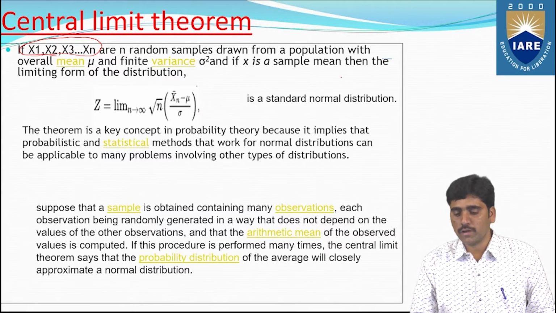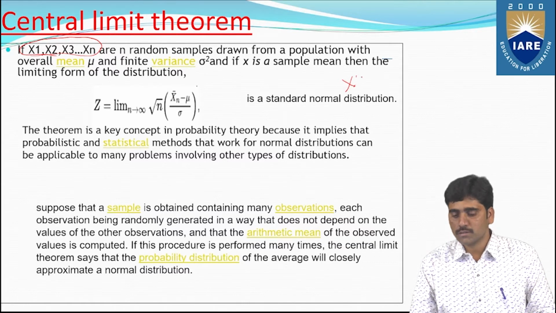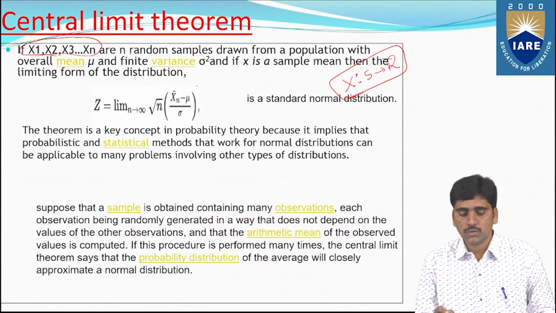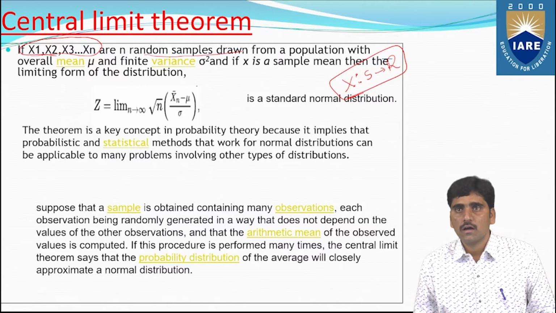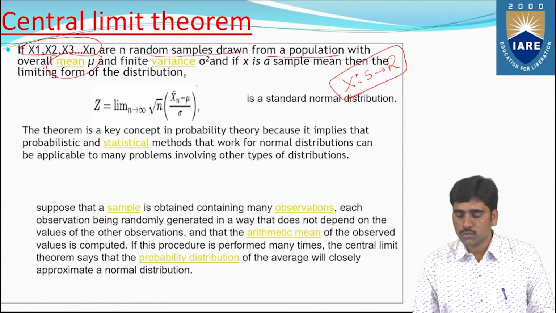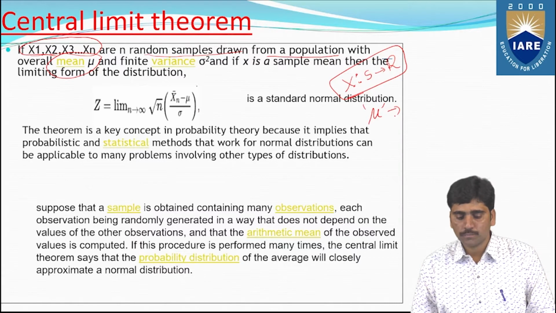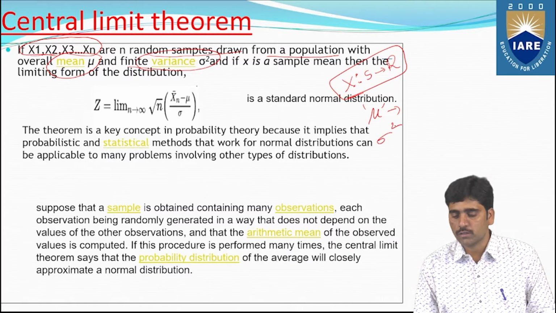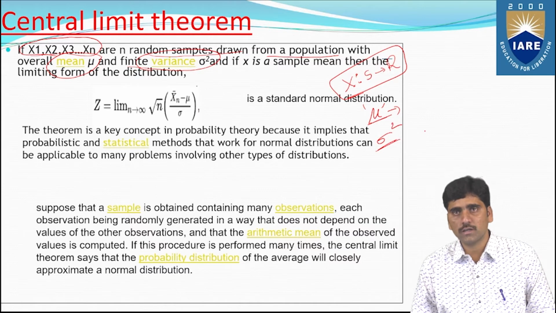A random variable is denoted by capital X and it is taken from the sample space S. So the variable which is taken from the sample space is called a random variable or random sample. x1, x2, x3 up to xn are n random samples drawn from a population with overall mean mu, this symbol indicating the mean, and finite variance sigma square. So this is the mean and sigma square is the variance.